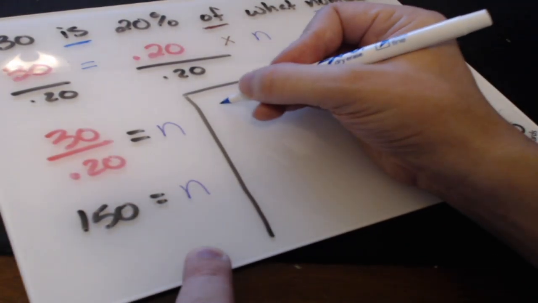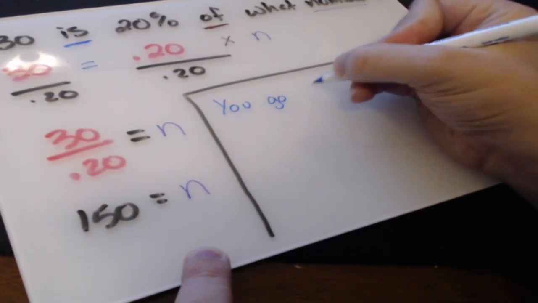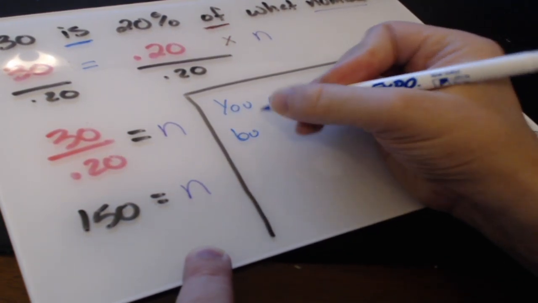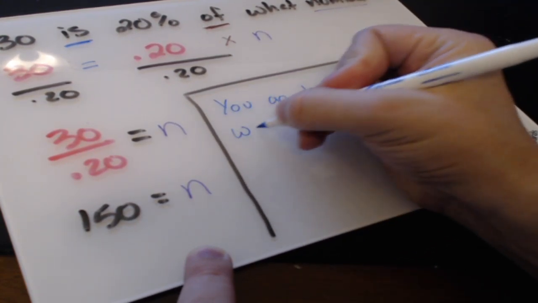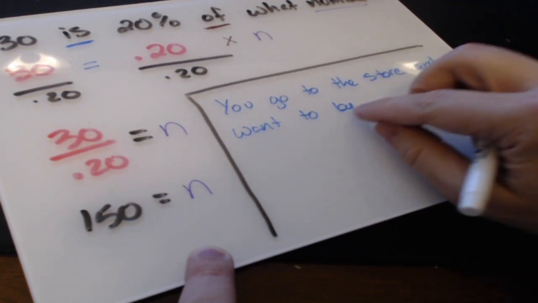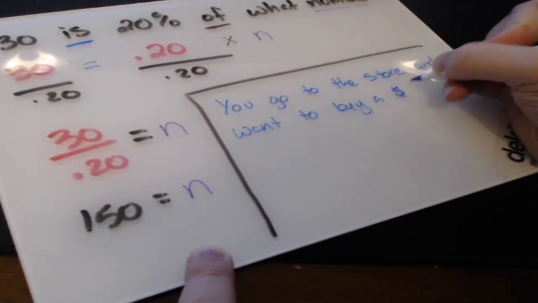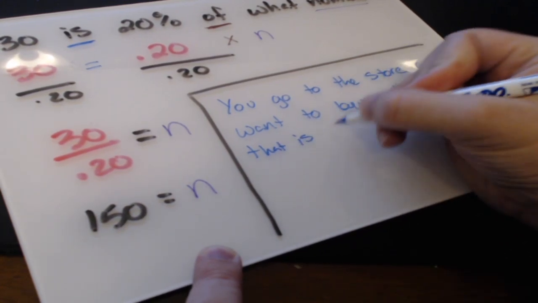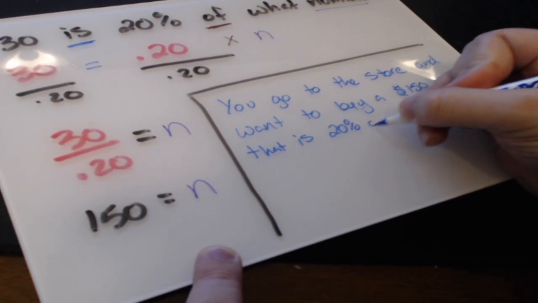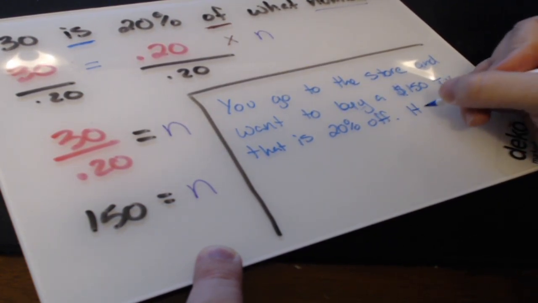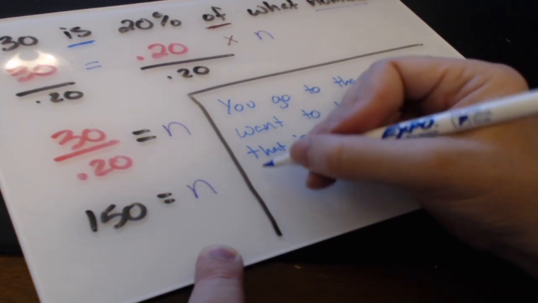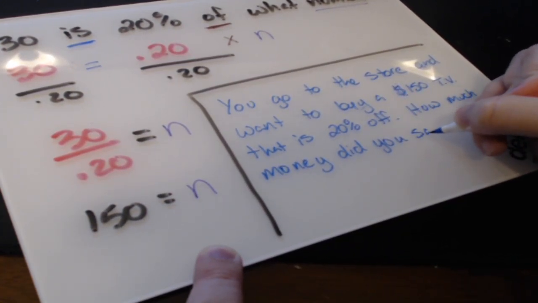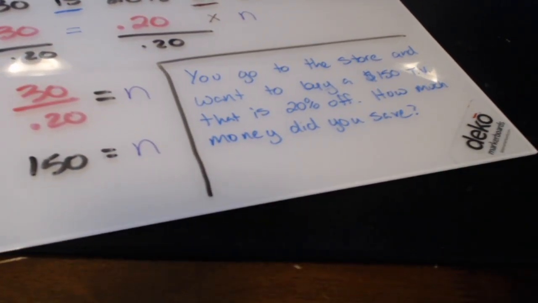You go to the store and want to buy a $150 television that is 20% off. How much money did you save?